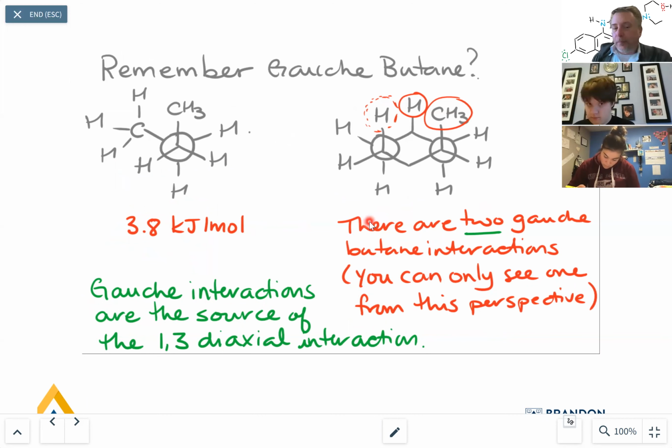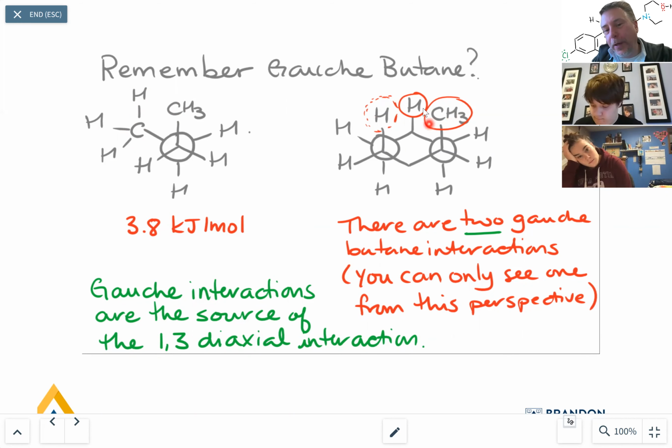So if we've got a methyl group, and then it's a staggered conformation, next door is a methyl group. You'll see that what I've done here is I've drawn this carbon, and I've actually put the protons on it, right? And there's a proton here. So this is a Gauss interaction.